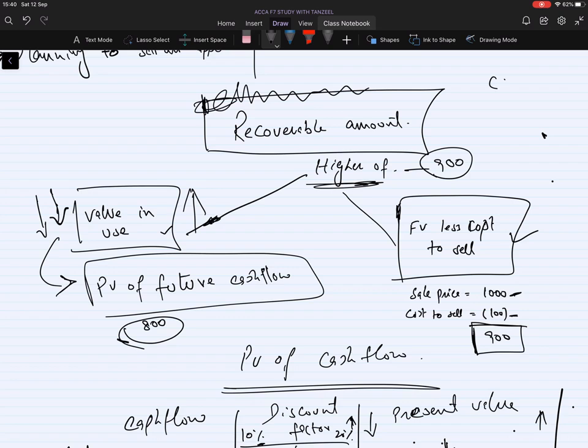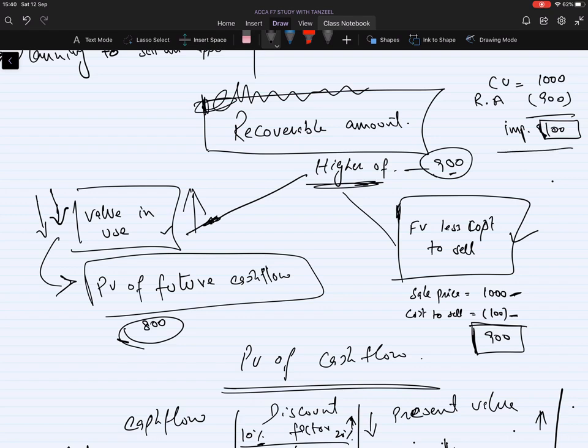Suppose I have 1000 as my carrying value, but the maximum benefit I can have is 900. So this is the recoverable amount. It means 100 is impaired. You have an impairment of 100.